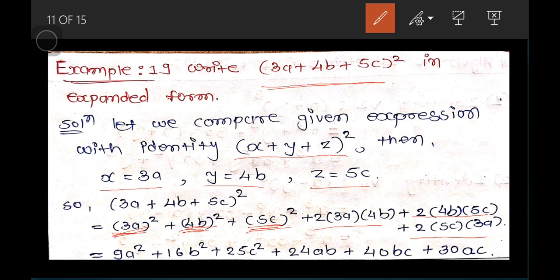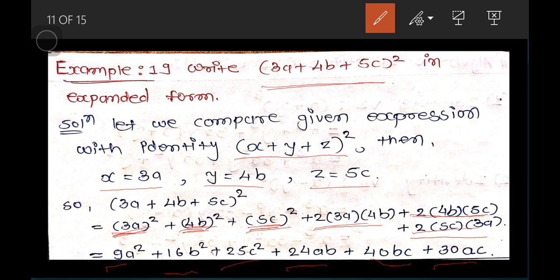So now let us evaluate 3a square, that is 9a square, 4b square, that is 16b square, 5c square, that is 25c square. We multiply this product, then we get 24ab, plus we multiply this product, then we get 40bc, plus we multiply this product, then we get 30ac.